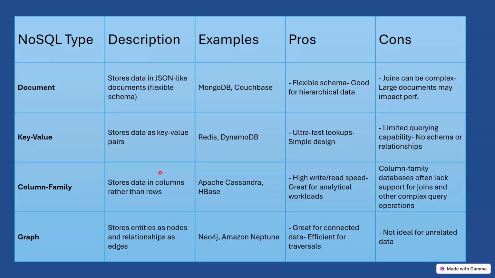In those cases, column family databases are more helpful. So these are column family databases like Cassandra, and then graph databases. Graph databases, guys, are useful when there is a relationship between entities, right? Let's say Neo4j, Amazon Neptune, these are graph-based databases, right?